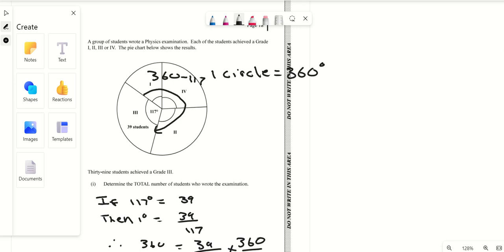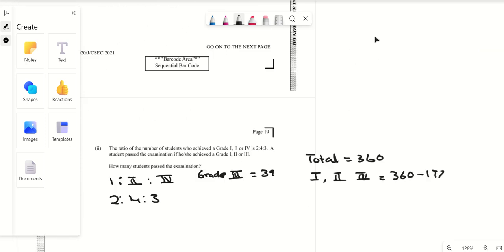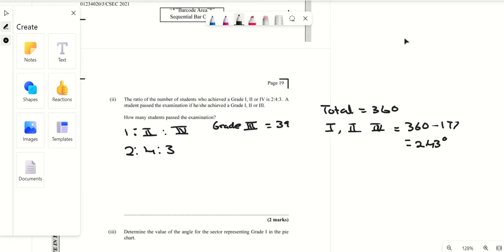And when you subtract that, you are going to get 243. So we know that grade 1, 2, and 4 is equal to 243 degrees when you add them all up. And we know the number of parts for 1, 2, and 4 is equal to 2 plus 4 plus 3, is 4, 5, 6, 7, 8, 9.